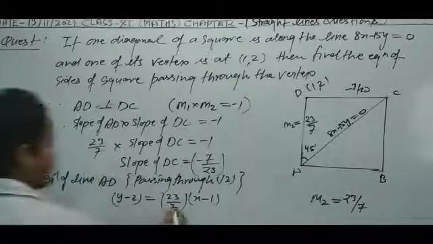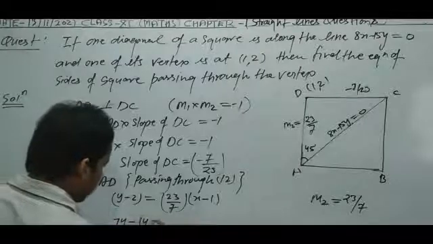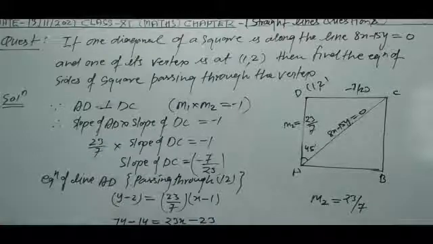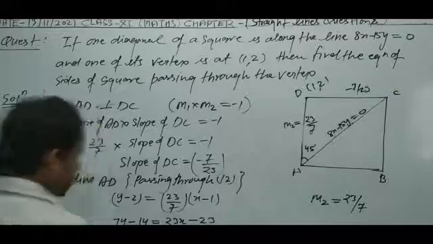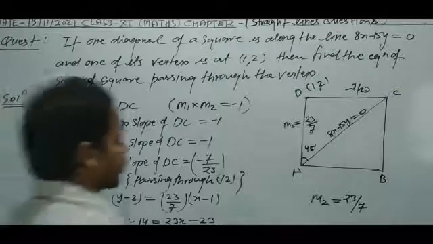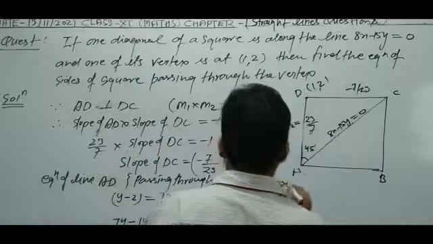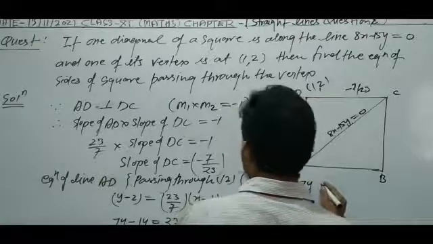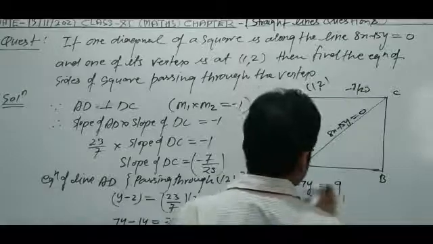So after cross multiplying, 7y minus 14 is equal to 23x minus 23. Is it clear? Then equation will be 23x minus 7y minus 9 is equal to 0.